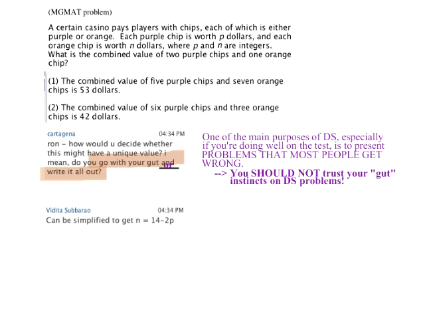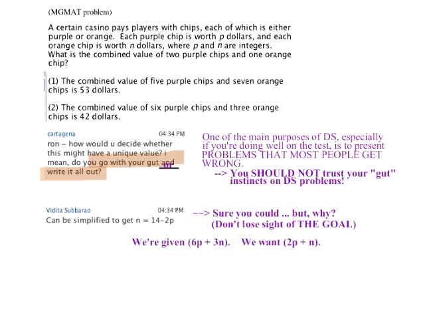Remember, don't lose sight of the goal here. Sure you could, but why would you want to? So make sure you don't lose sight of the goal. The goal is that we want to find a value for 2P plus N. So we're given 6P plus 3N, and we want 2P plus N. This is what you've got to do in your head when you start the problem.